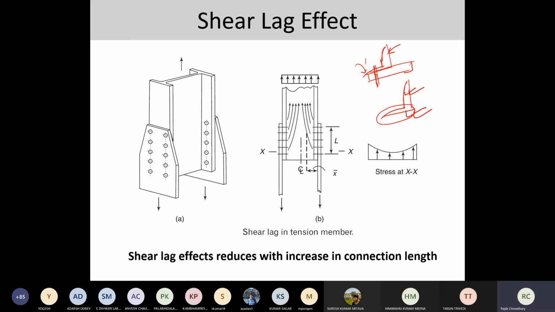difference. That is why it is called lagging in shear. If both legs of a channel section are connected, there is hardly any difference. But if only one leg is connected, then there would be a difference in shear flow from one leg to the other.